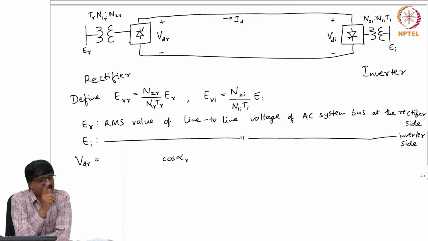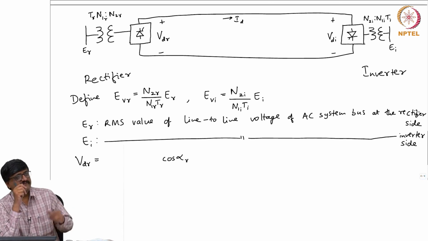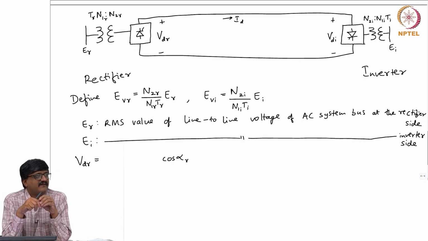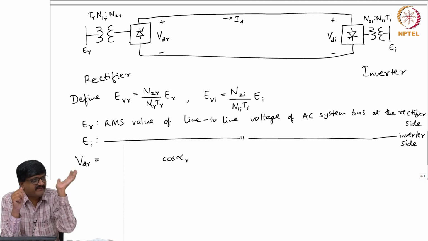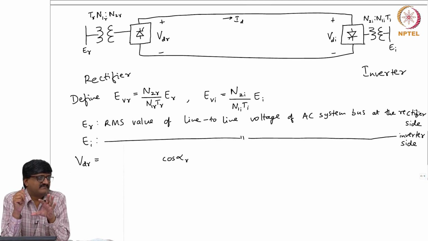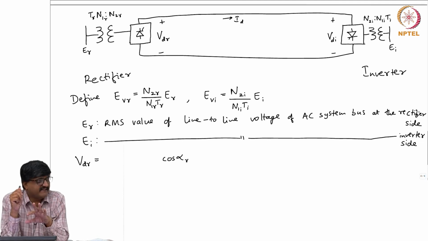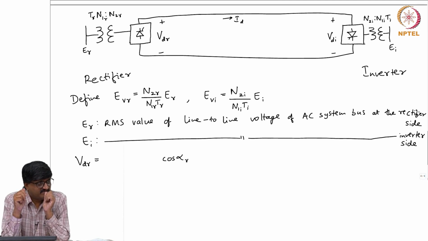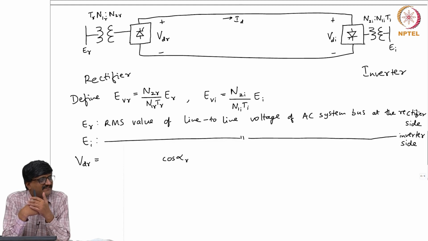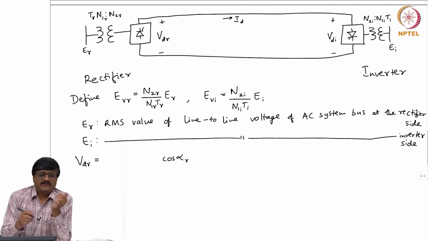If you look at the AC side representation we did earlier, what we get as a voltage source on the AC side is the transformed voltage. So it is not ER, it is EVR, the voltage behind the inductance. EVR is after the inductance.